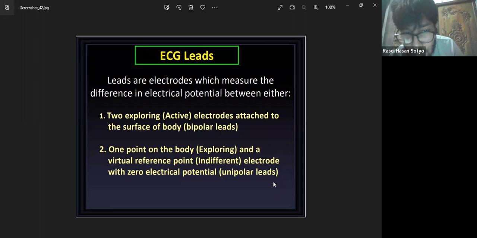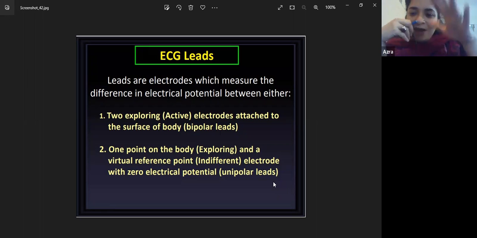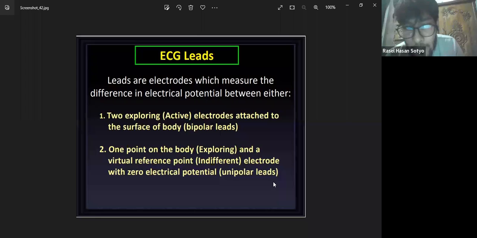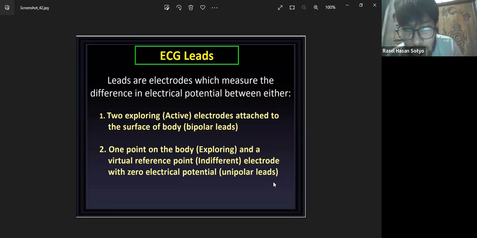Please ask again, maybe I understood wrongly. Okay, ma'am. Practically, we can see that 10 ECG electrodes are attached to the body, but recorded as 12 leads on the ECG paper.